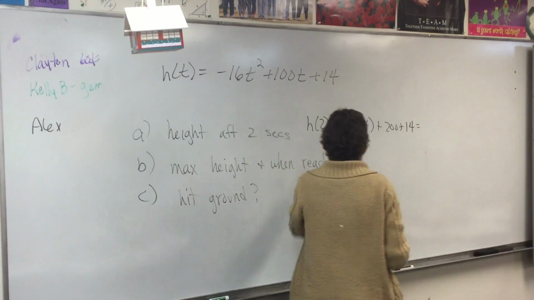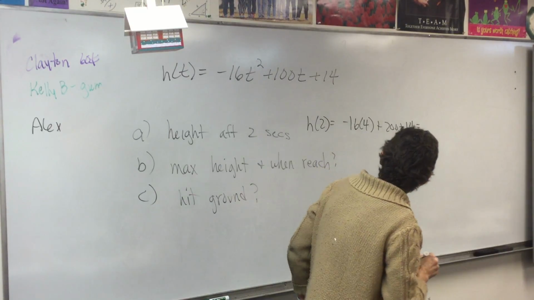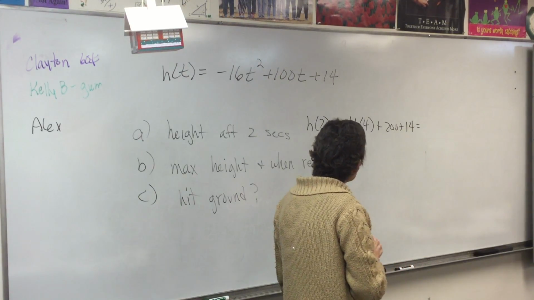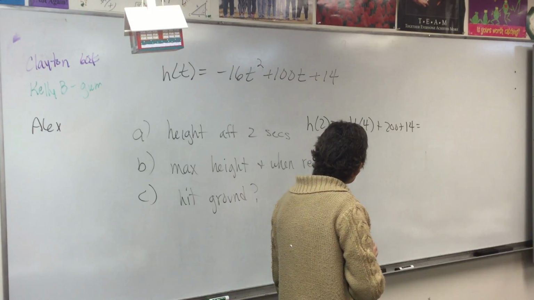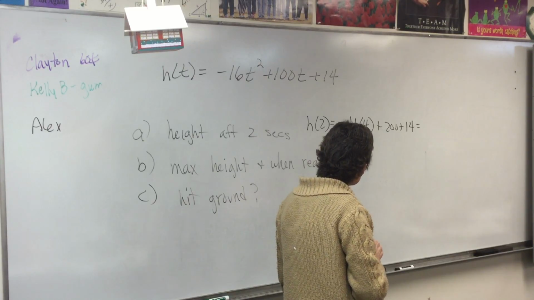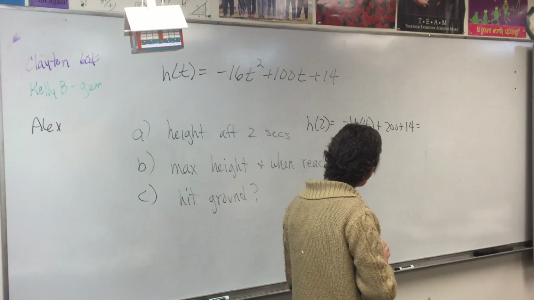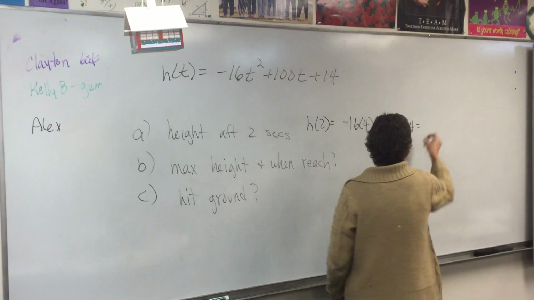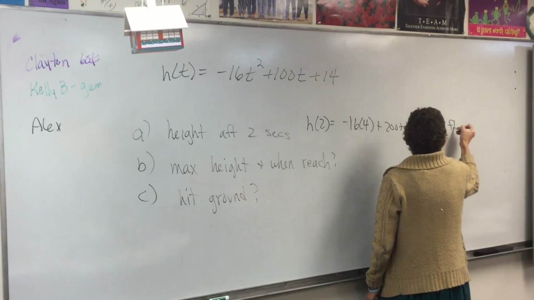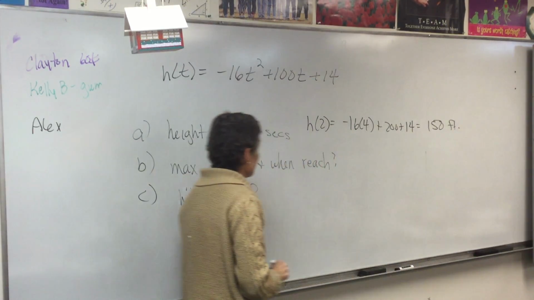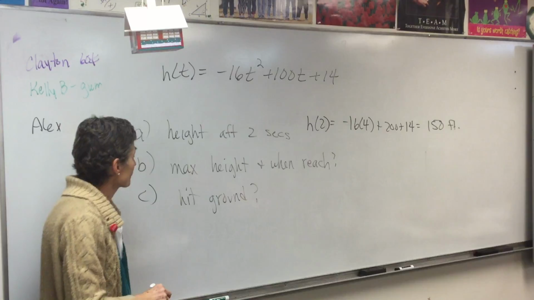This is a calculator problem, so we would have a calculator, but let's see if I can do this without. What would that be? 150? Alright, so that's 150 feet up.